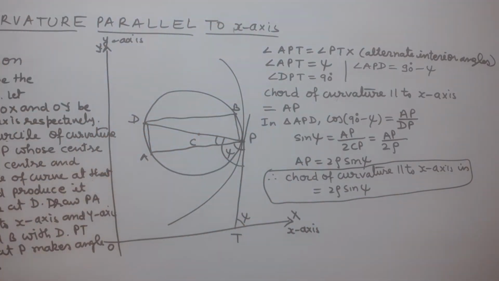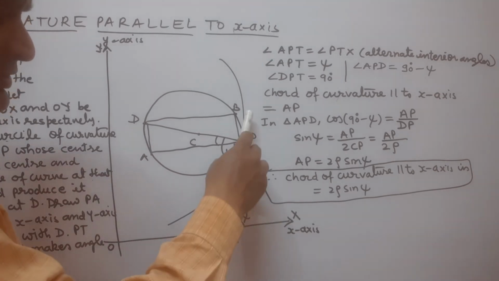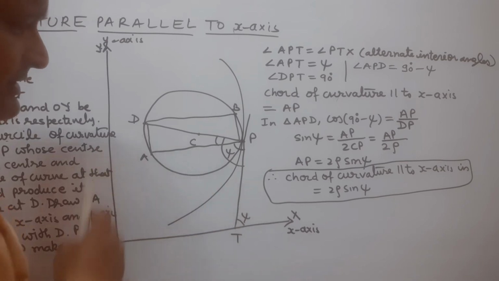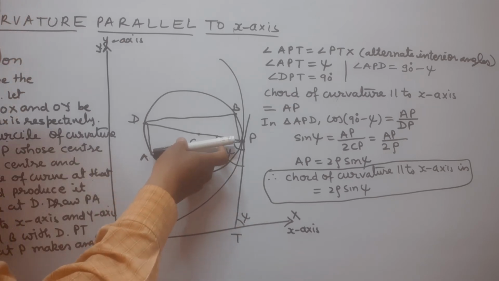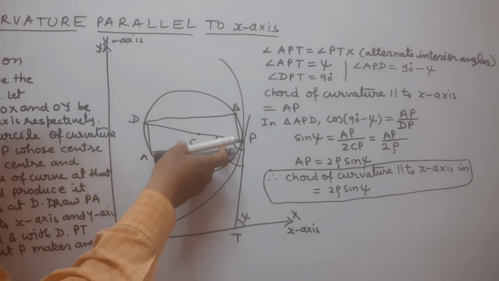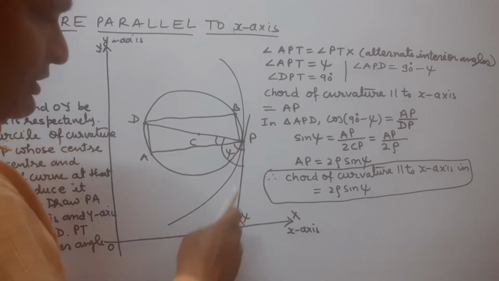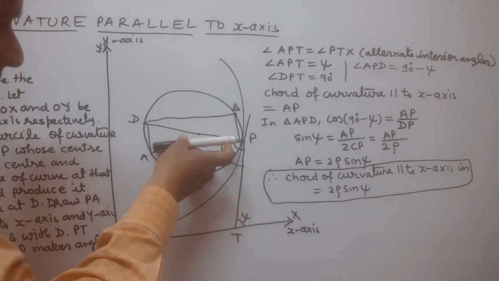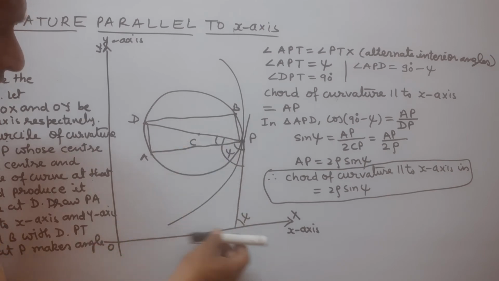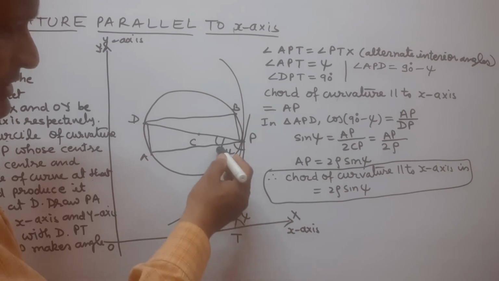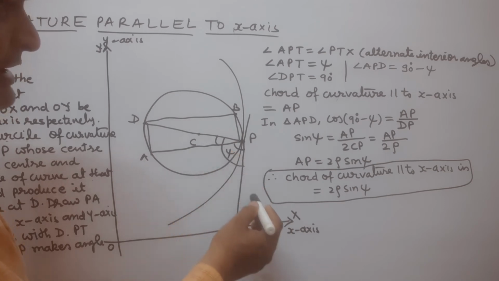You can see here that angle PTX was equal to psi, since PT makes angle psi with the x-axis, and this AP is parallel to the x-axis. AP is the chord which is parallel to the x-axis. So PT is the transversal here, AP is parallel to the x-axis, so angle APT is equal to PTX because these are alternate interior angles.